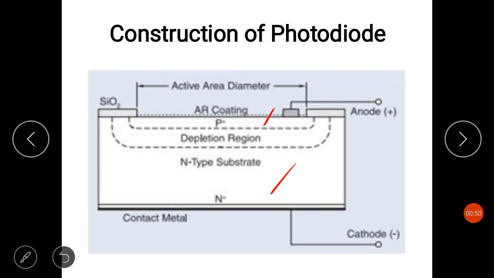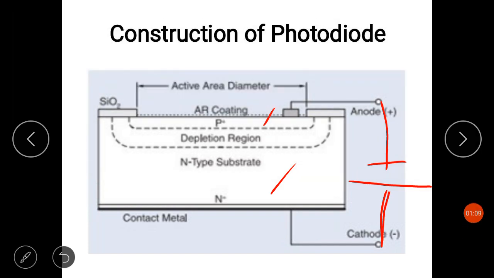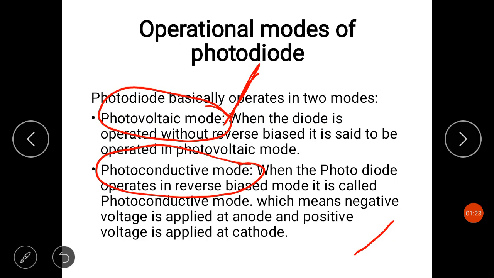So reverse biased means when the n-type is connected to the positive terminal of the battery and the p-type is connected to the negative terminal of the battery, that is when negative voltage is applied at the anode and positive voltage is applied at the cathode, we say that the photodiode is connected in reverse biased mode. So this is when the photodiode will work in the photoconductive mode.